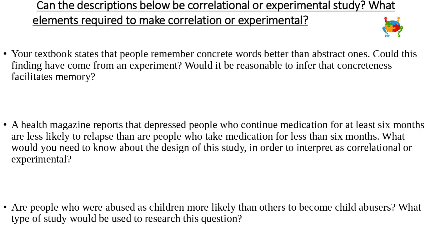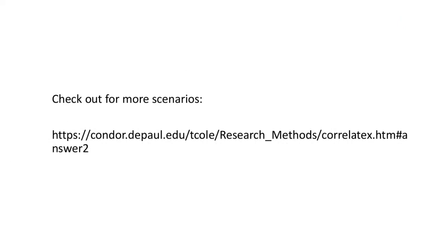You can't run it as an experimental study. So yes, the answer is correlational. If it was experimental, even though it's unethical, you would also need to control a lot of variables. And if you want to check out more scenarios, please check out this link.